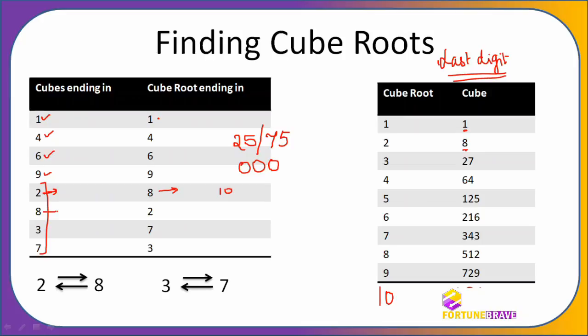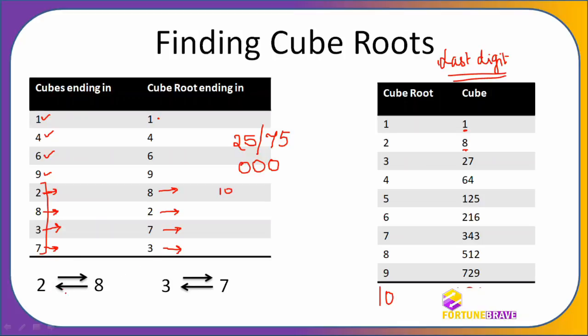Again, the reverse is true. If the last digit of the cube is 8, then the last digit of the cube root will be 2. Same way, if the last digit of the cube is 3, then the last digit of the cube root will be 7, and if it is 7, then 3 will be the last digit of its cube root.